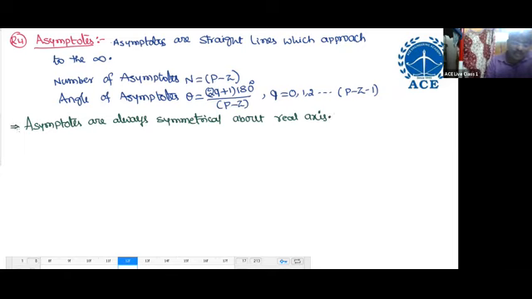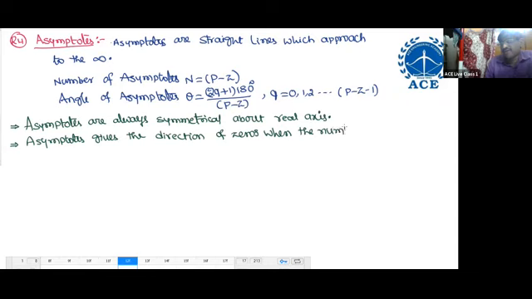Asymptotes give the direction of zeros when the number of poles is greater than zeros.